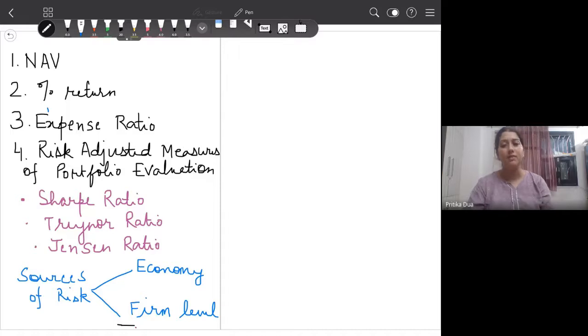So, environmental factors: there might be some change in the policy with regards to the pollution-related activities of a firm.